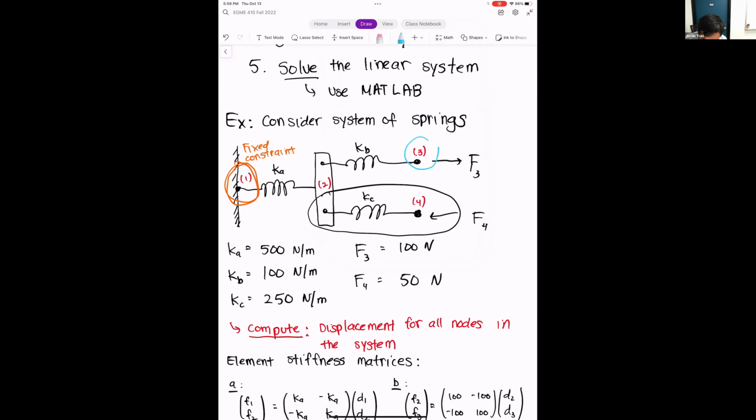Another thing that we have is a load type boundary condition on node 3, as well as a load type boundary condition on node 4. And so we need to do 3 modifications to the global stiffness system for these 3 boundary conditions.